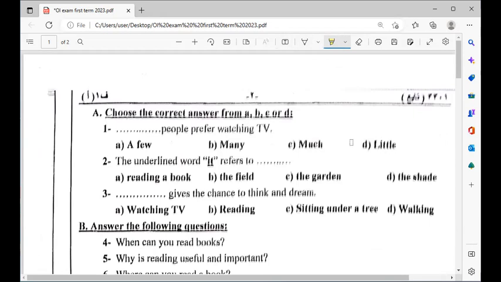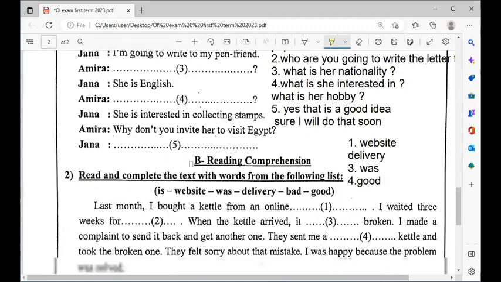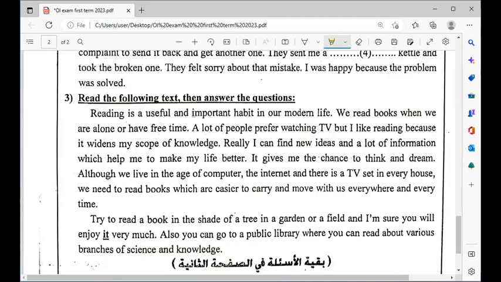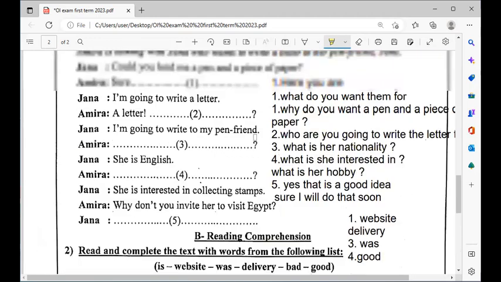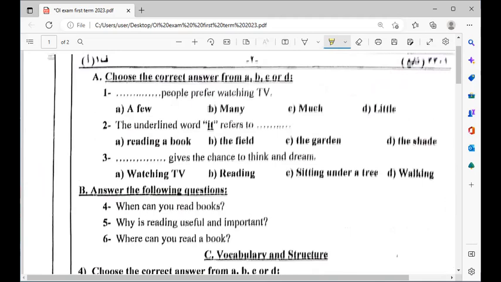Little also is not suitable for the same reason. We have a few and many. If we return to the text, it says reading is a useful habit. We read books. A lot of people prefer watching. A lot of people. So here the right answer is many.